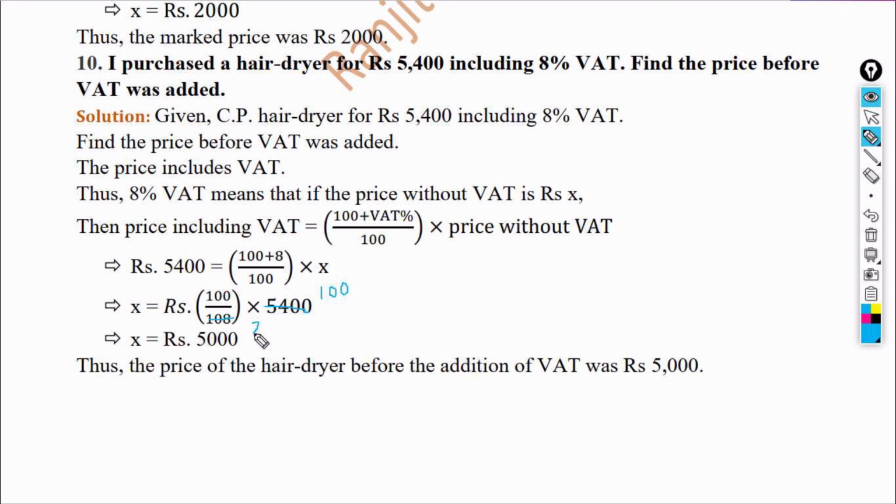Divided by 2, and this 2 is 50, and 50 multiplied by 100 is rupees 5000. Then the price of the hair dryer before addition of VAT equals rupees 5000.